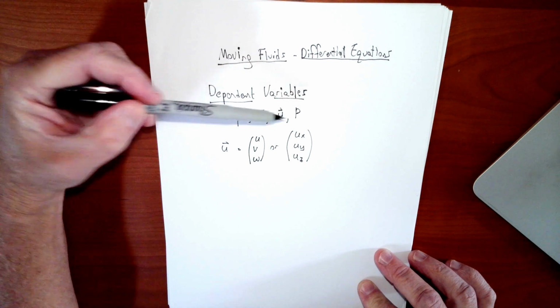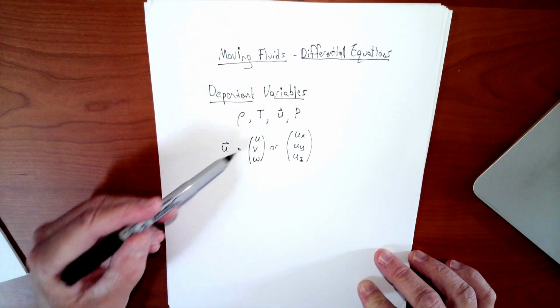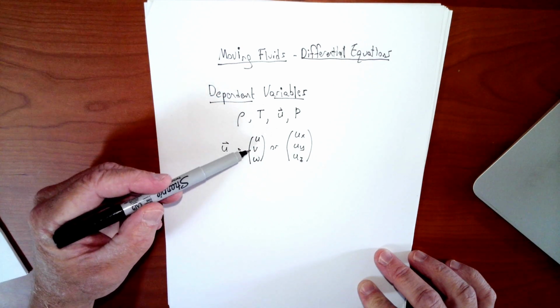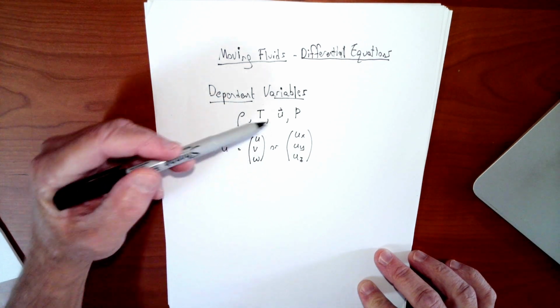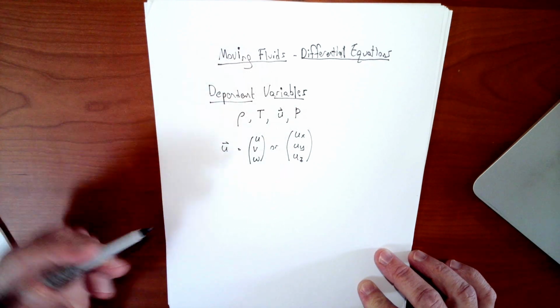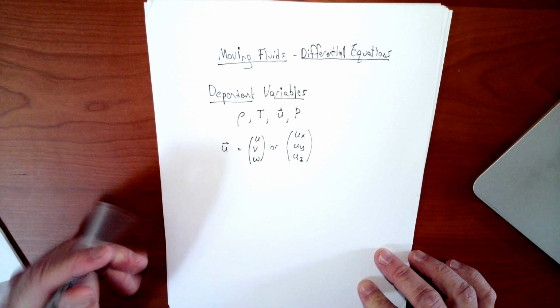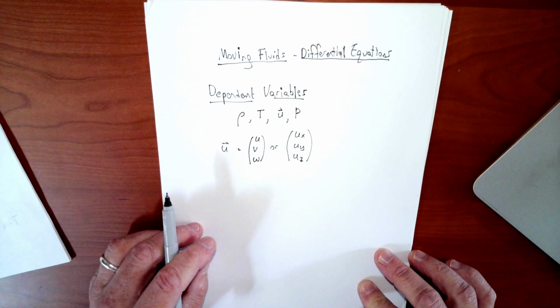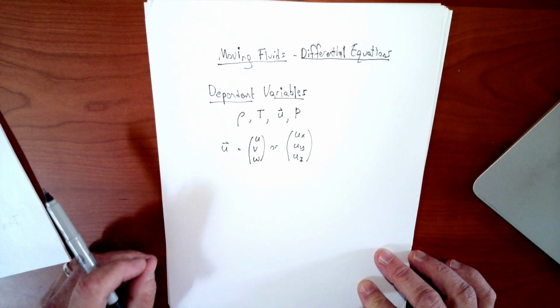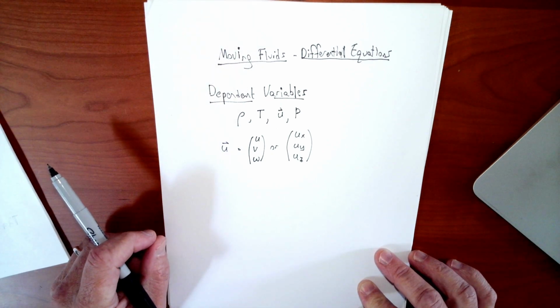Here's just spelling out the velocity vector. Usually it's represented either as u, v, and w for the x velocity, y velocity, and z velocity, or I think in the case of your book, ux, uy, uz, representing those three velocities. In order to solve for all these, of course, we have six unknowns. So you need six equations.